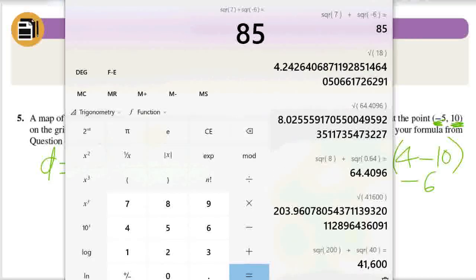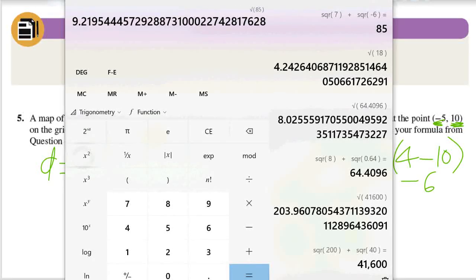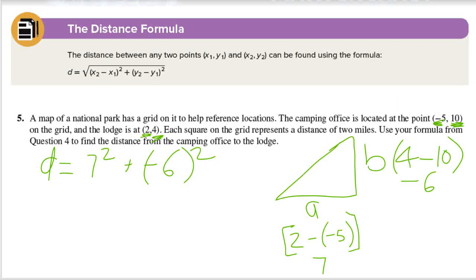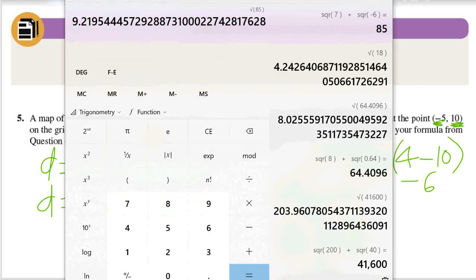Okay. So I get 85. When I add those two, I take the square root of that, and I get 9.22. Some people may forget to go on from there, but that's grids, or squares on the grid, and each one represents 2 miles.